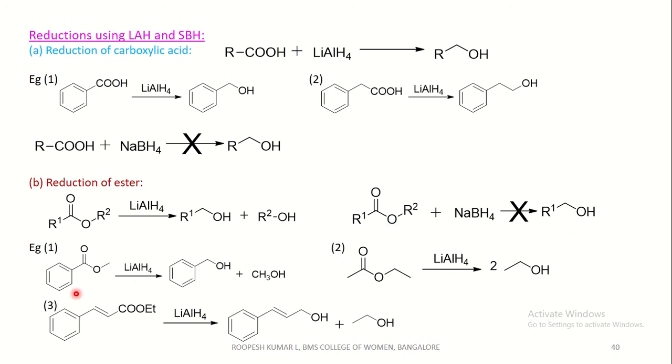These are the examples. This ester gets reduced to benzyl alcohol and methanol in the presence of LAH. Even this ester gets reduced to the corresponding alcohol, whereas the double bond can't be reduced by LAH.